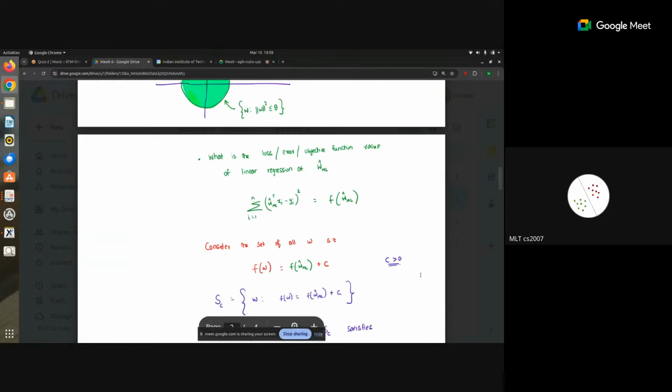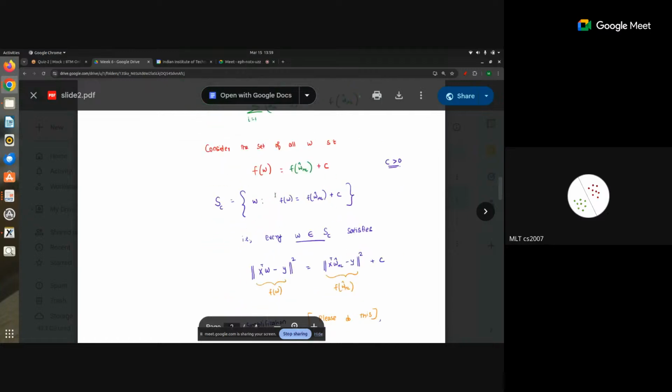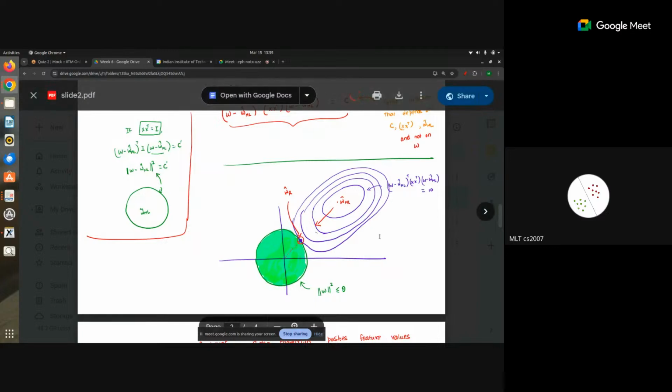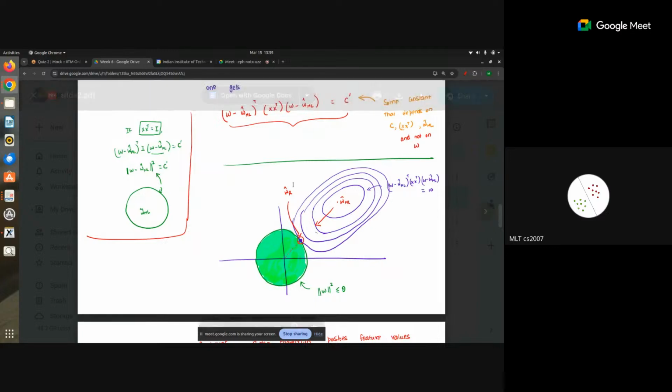So what we are trying to do is go near this part, because we want the solution to be here, and in that case this regression solution is not the one which gives the minimum squared error loss.